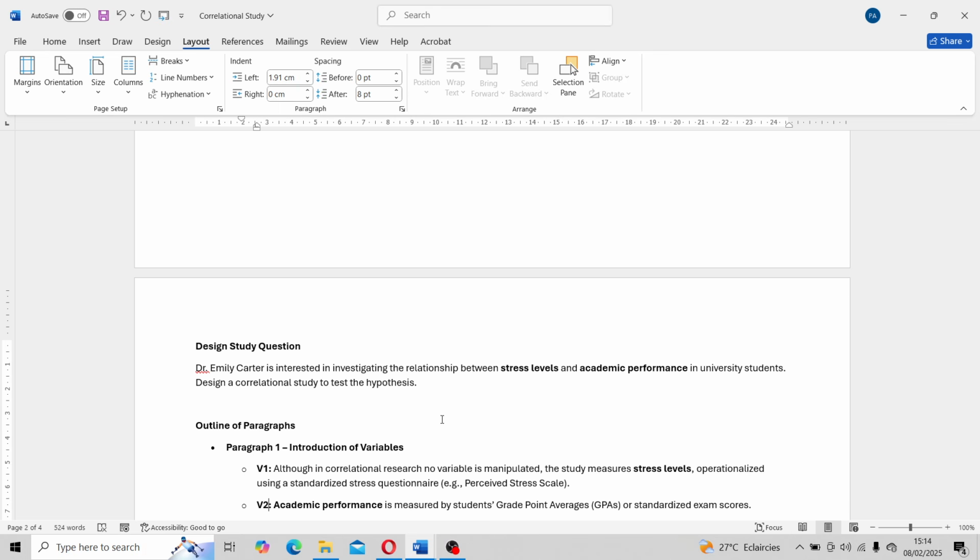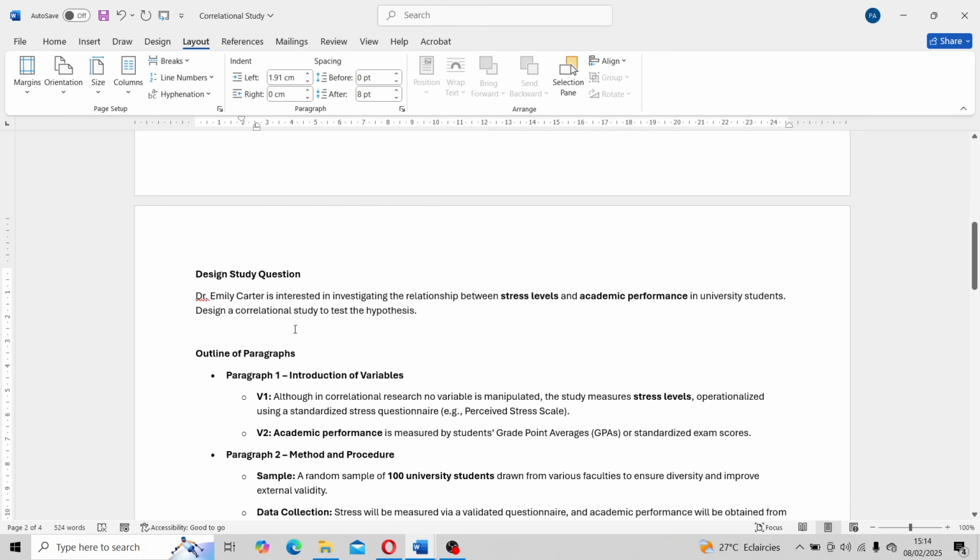But in a correlational study, you only measure the level of the two variables. You only have variable one and variable two. You measure their levels, and then you see if an increased level of this is also showing an increased level of this, or an increase in this is leading to a decrease in this. It's not necessarily leading, just what you can observe in the scores or grades.